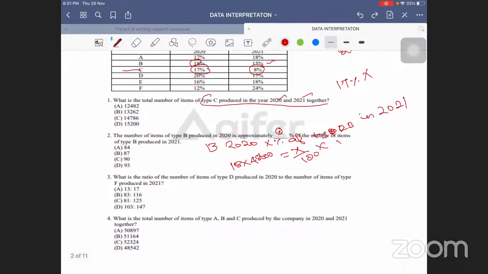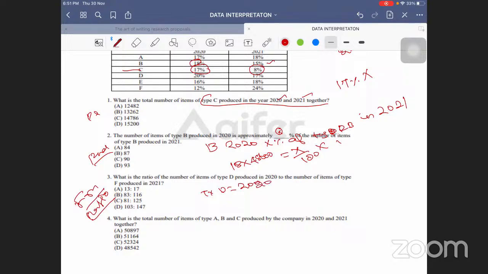Next is the ratio. First we used the percentage, next we also use the percentage method, and third is the fraction or ratio method we use here. The third question: what is the ratio of the number of items of type D produced in 2022 to the number of items of type F produced in 2021? So first, they gave type D in 2020.